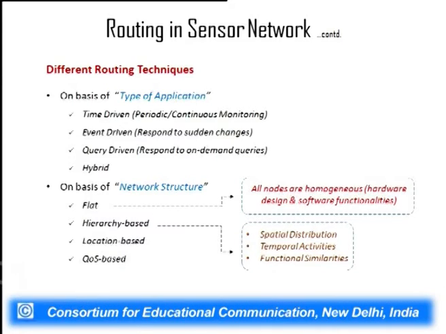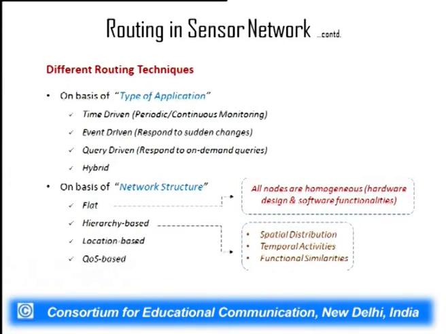Then we have location based applications. In this, GPS and similar positioning applications are taken into consideration. For example, if we have GPS support, then what would be my routing strategies in that manner. Then we have quality of service based.